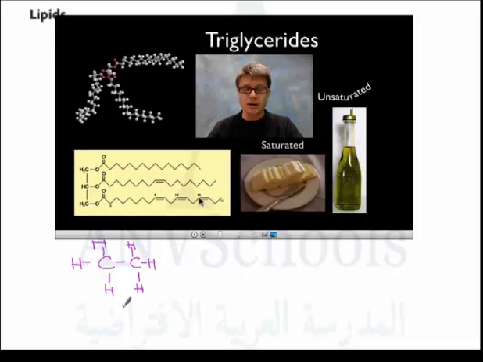When it is not saturated, we might have a double bond, which means that one of the bonds is not saturated by hydrogen. So this is referred to as unsaturated, and this one is saturated.